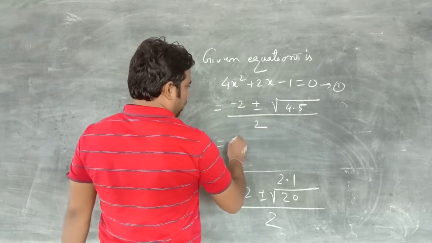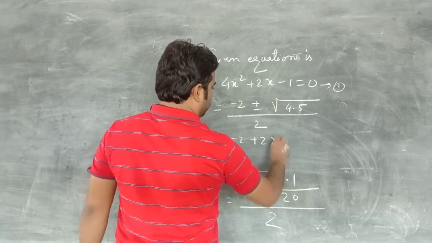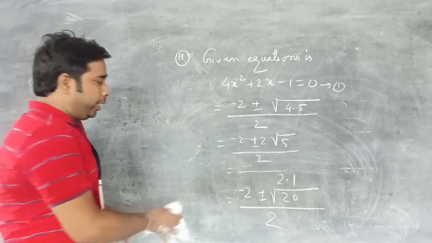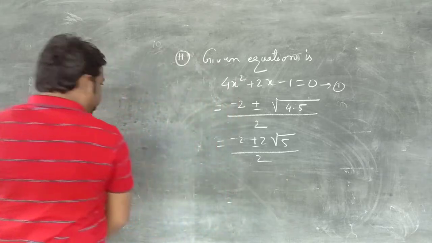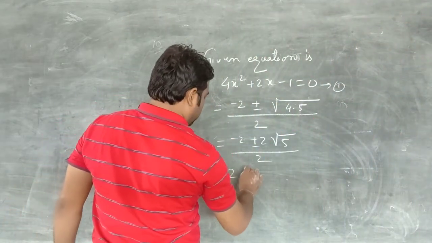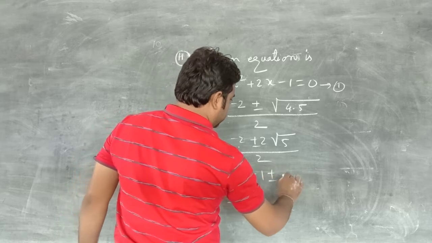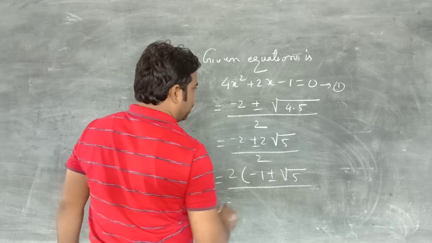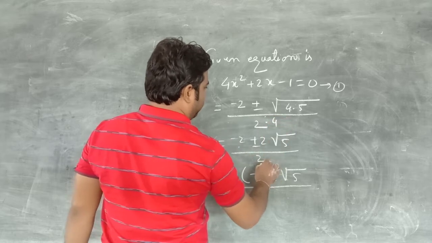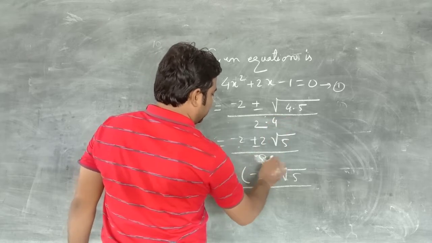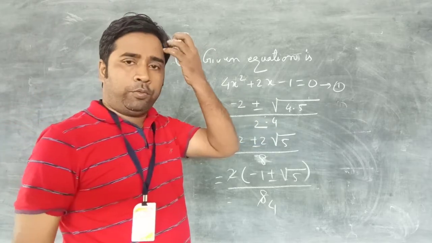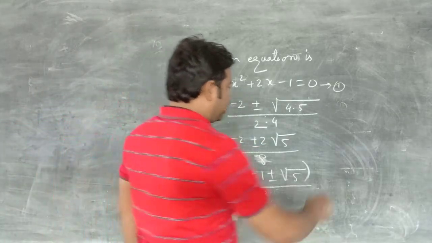So this is minus 1 plus minus root 5 by 4.